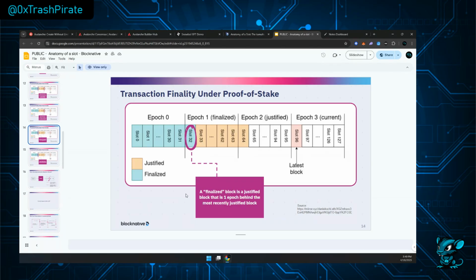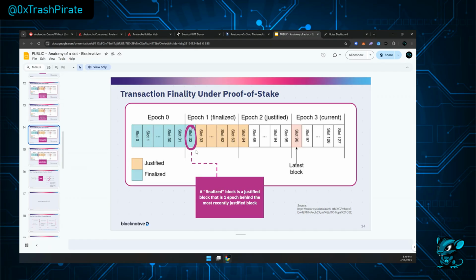processed in slots and epochs. A slot is 12 seconds and can include a block. It's not required, but you have one block or less. And an epoch is 32 slots. In each slot, you have validators voting or attesting to the validity of a block.